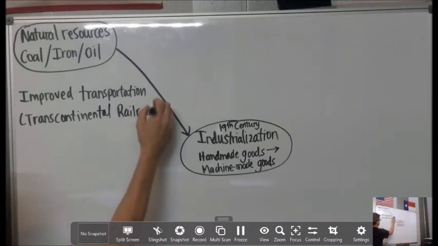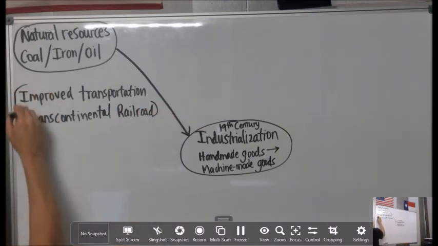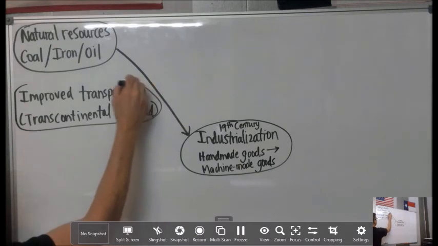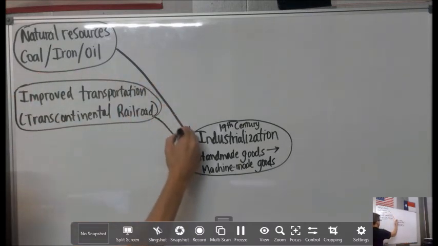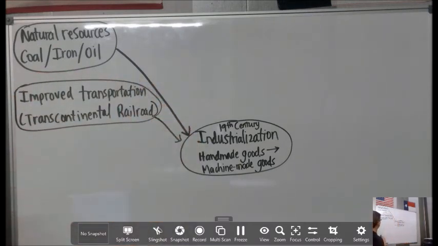And that Transcontinental Railroad connected the East Coast to the West Coast and created a national market. That was needed for industrialization to take off in the 19th century.